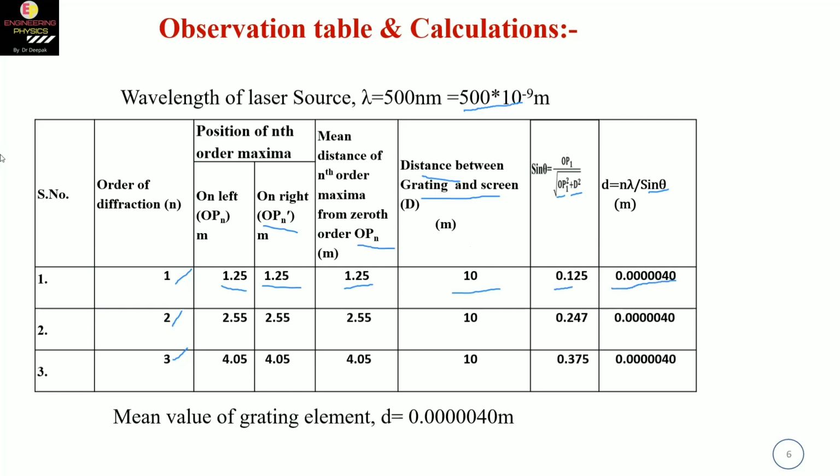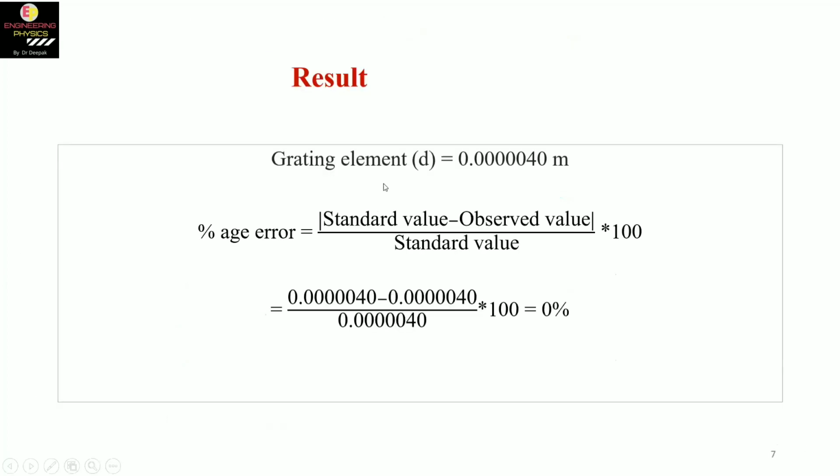We get this result. We recorded similar readings for the second and third orders of the diffraction pattern, and the mean value we get is 4 into 10 to the power minus 6 meter. Result: the grating element d equals 4 into 10 to the power minus 6 meter.